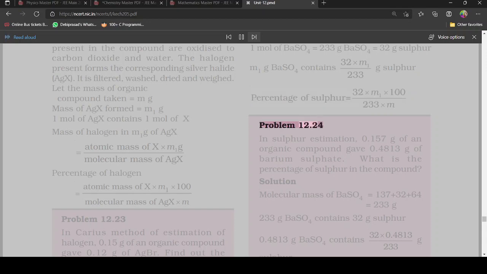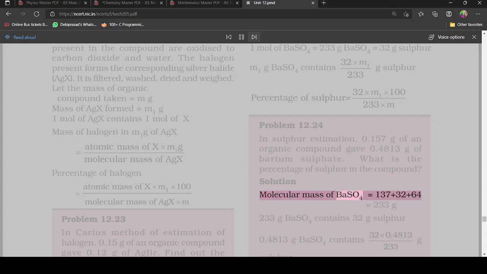Problem 12.24. In sulfur estimation, 0.157 g of an organic compound gave 0.4813 g of barium sulfate. What is the percentage of sulfur in the compound? Solution.